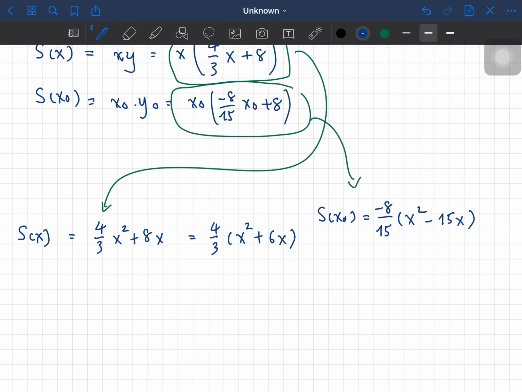All right, so we can complete the square of each expression. For example, this one gives you this.